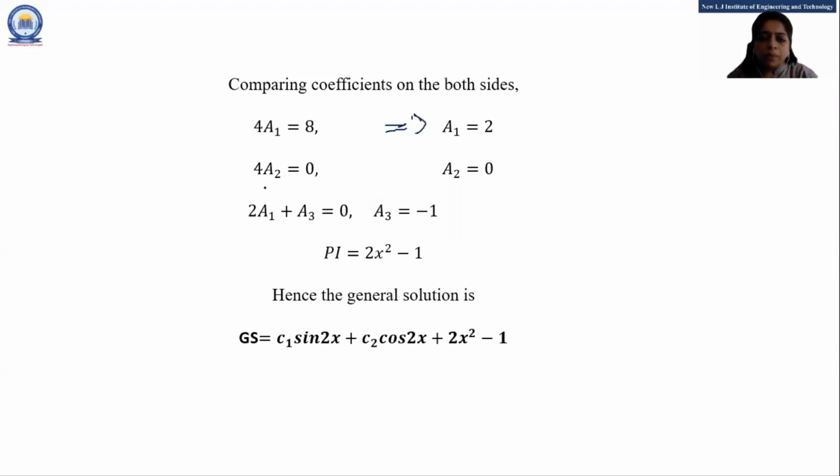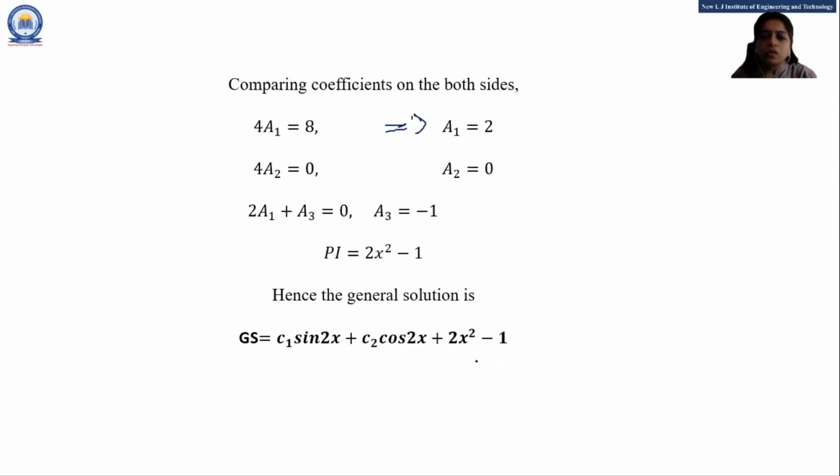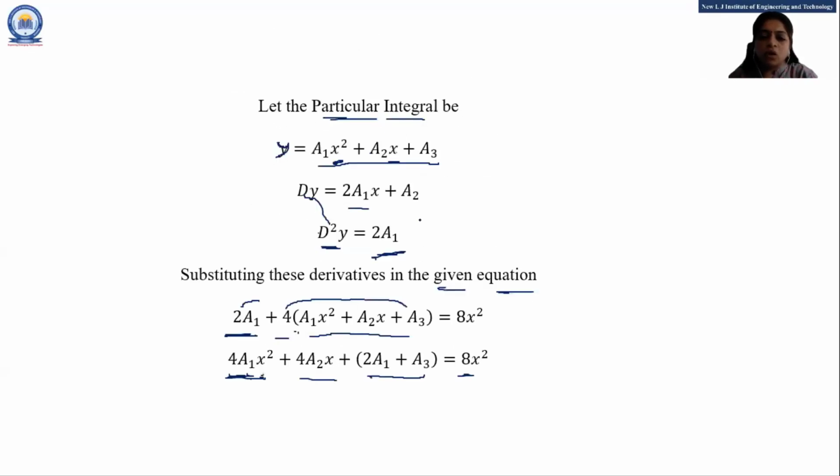Similarly, the multiple of x is 4a2, and on the right hand side the multiple of x is 0. So 4a2 equal to 0, so again a2 equal to 0. And for the last constant term, here 2a1 plus a3, on the right hand side there is no constant term. So 2a1 plus a3 equal to 0.